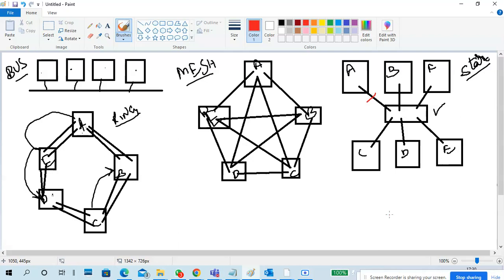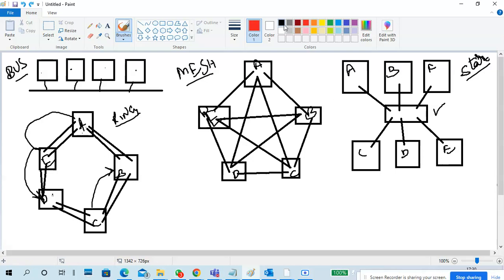Other PCs will continue to communicate. If in case the centralized device is down, meaning the switch is down, total communication is down. It is very easy to configure, a little costly. Why? Because we are using an additional device, but it is scalable and easy to configure. Compared to all others, it is easy to troubleshoot.